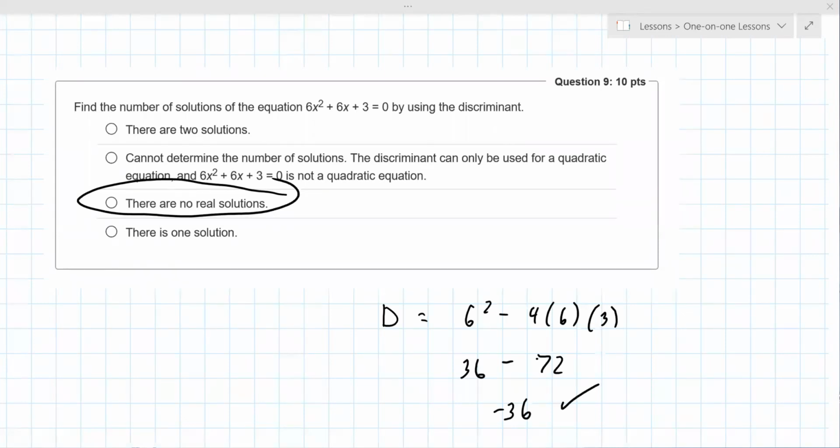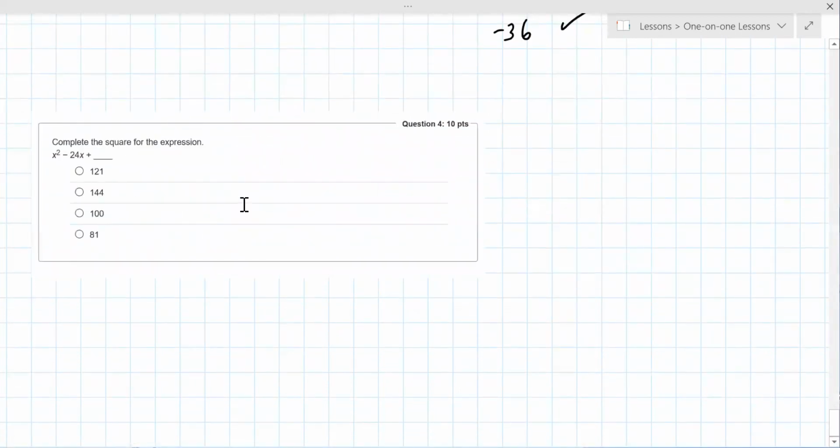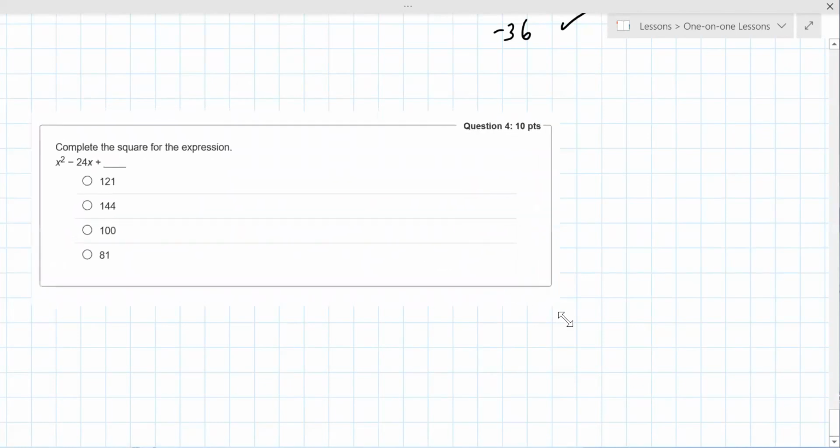You're doing great. We're almost through here. Just a couple more questions. This is a completing the square question. It's the right type here where you have to figure out what goes in there.